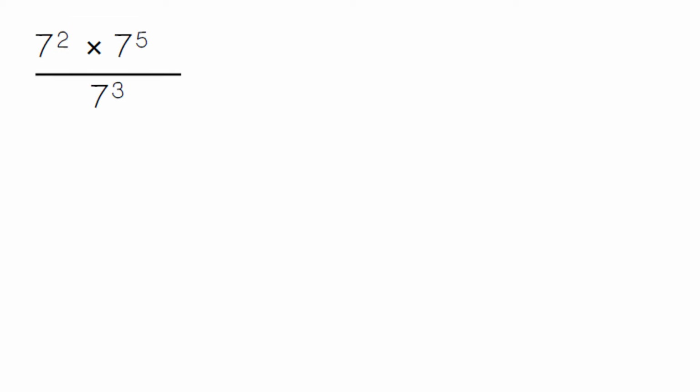Now for this problem, it's a little bit more expansive, so we need to work on simplifying the top section before we can simplify the division bar. Anytime you have a multi-step exponent problem, start with the largest piece first and work your way down. So on top, we are multiplying. So when we multiply, we add the exponents.